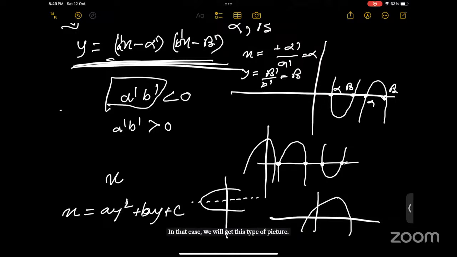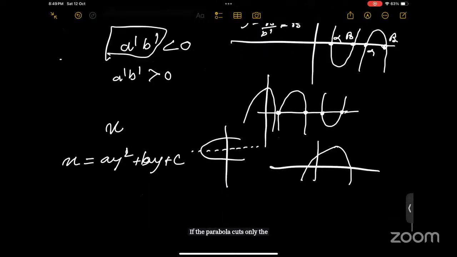But ma'am, if the parabola cuts only the y-axis, then it will not have any real roots, right? There will be roots, but in terms of y.